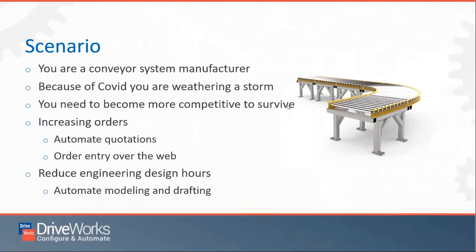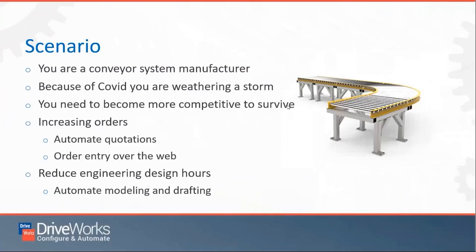But because of COVID, we're all weathering a bit of a storm right now. A lot of people that had projects in these industries, everybody's been working from home, so a lot of projects and expansions have been put on hold. And nobody really wants to pull the trigger on these sales at this point. So again, just like everybody else, we're all having a hard time surviving right now.